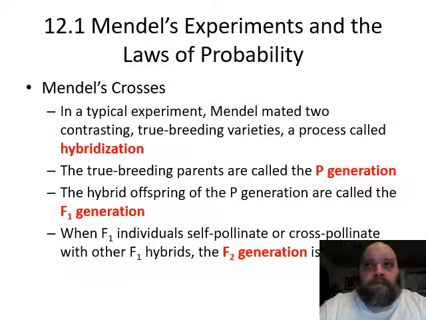Now, why do we do this? Why do we still use this nomenclature, this way of describing generations that he developed back in the mid-1800s? Because it works. It works so well.